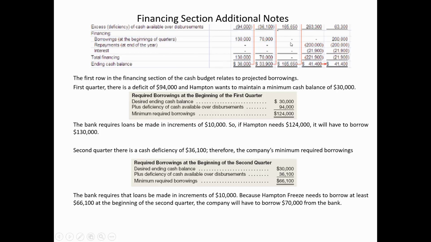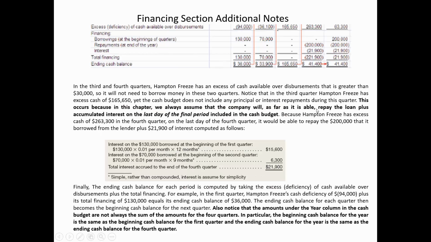In this quarter, we don't have to borrow any money, and then in the fourth quarter, we're going to pay it back. So in the third, fourth quarters, Hampton Freeze will have an excess of cash available over disbursements that is greater than $30,000, so it will not need to borrow money in these 2 quarters. Notice in the third quarter, Hampton has an excess cash balance of $65,650.